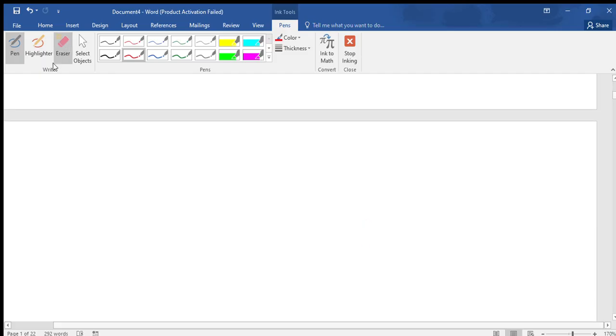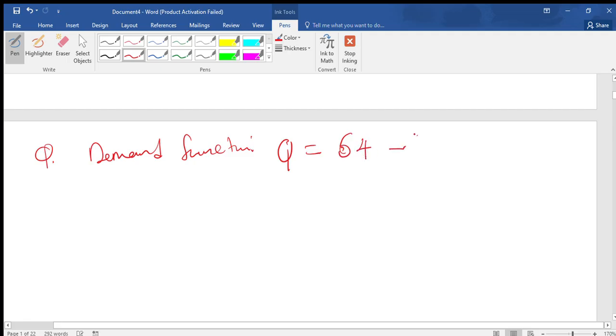Our demand function in this case is given as Q equals 64 minus 4P, and this is a straight line when you sketch it.